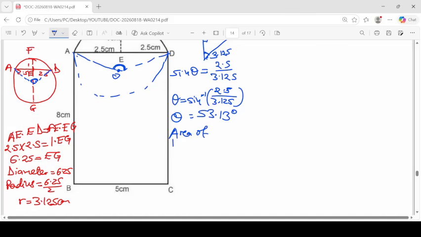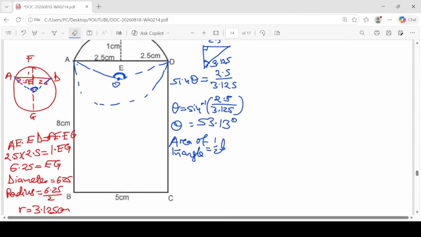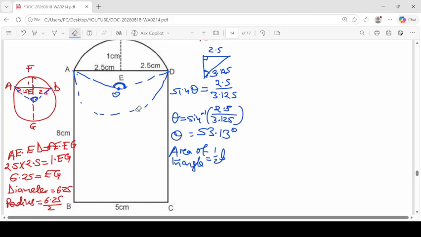The area of the triangle will be given by the formula half AB sine theta, because we have the angle in between.